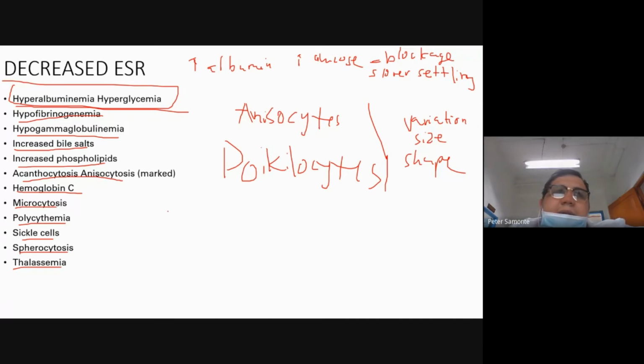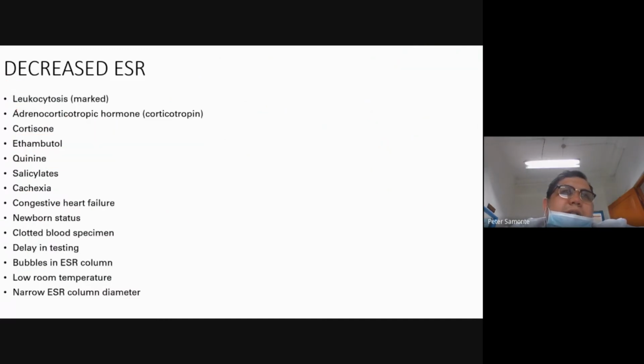It would depend. Then, it would also be decreased in increased WBC, adrenocorticotropic hormone, ACTH, cortisone, ethambutol, quinine, salicylates, cachexia, congestive heart failure, newborn status, clotted blood specimen, delay in testing. So that's why you need to process it within 6 hours.